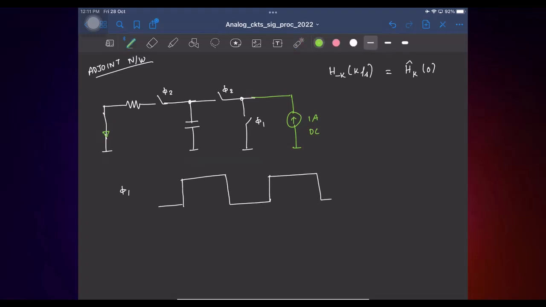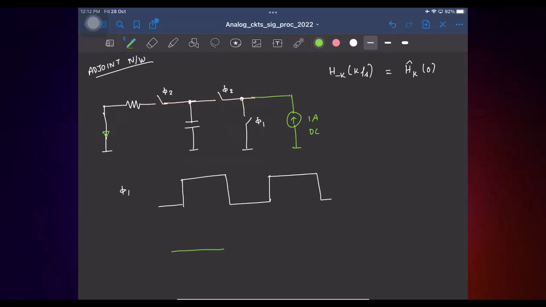So what happens when phi 1 is on? All the current flows here. What is the output current? 0, right? And when phi 1 is off, so you have this connection. So basically you have a 1 amp DC current passing through a parallel combination of R and C. So what happens to the voltage, capacitor voltage in steady state?